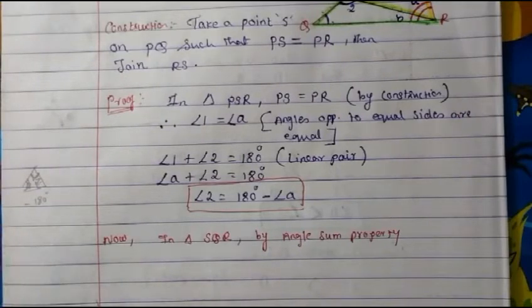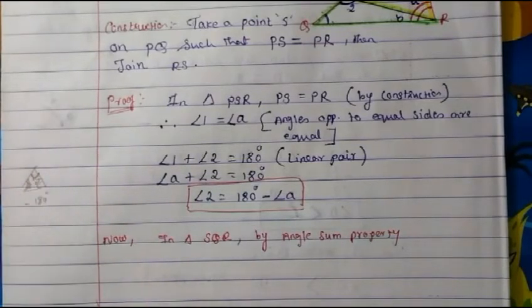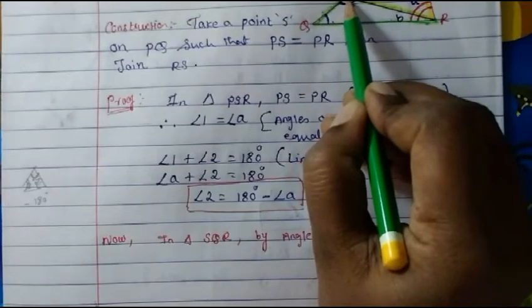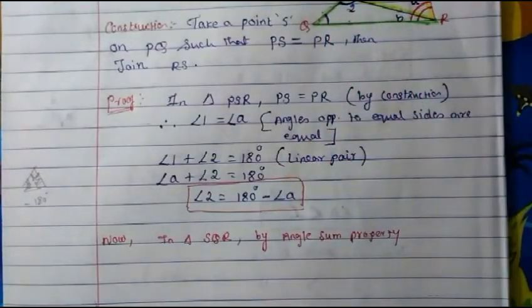You have studied this theorem in class 9 also, that the sum of all three angles of a triangle is 180 degrees. So we will apply that in this triangle. That means when we sum up this angle, this angle, and this angle together, it will become 180 degrees. So that's what we are going to write here.